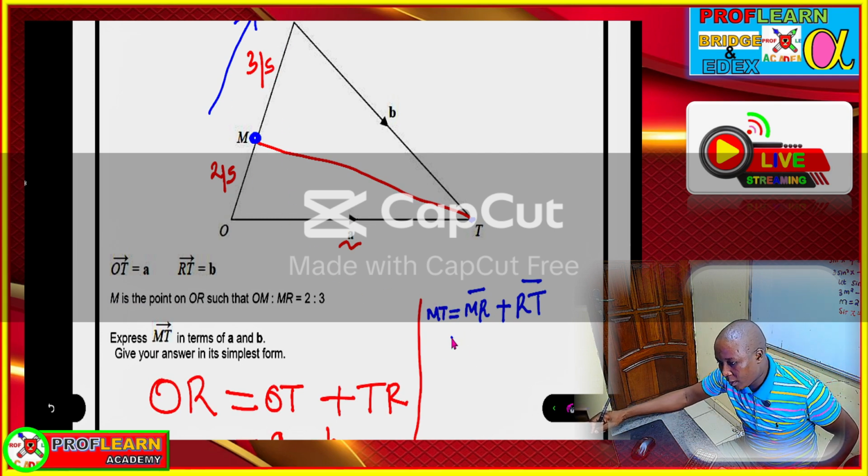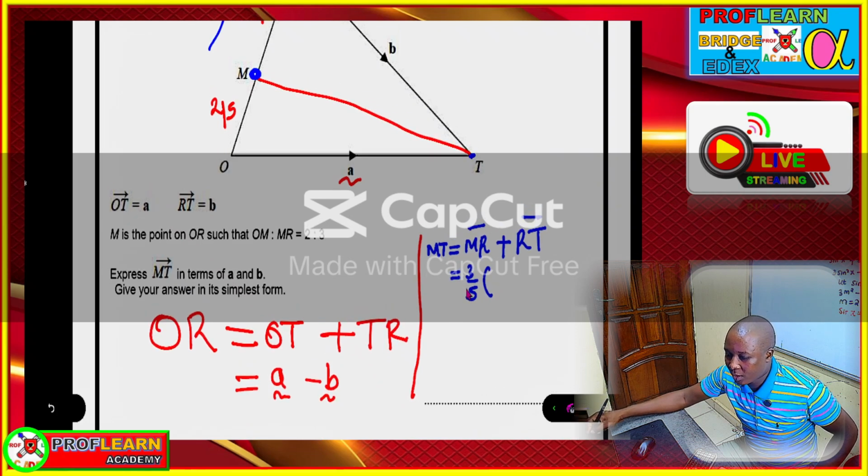So this is going to be equal to 3/5 of OR, and our OR, we have gotten it to be A minus B plus RT.